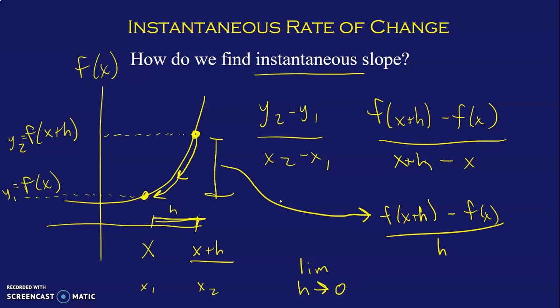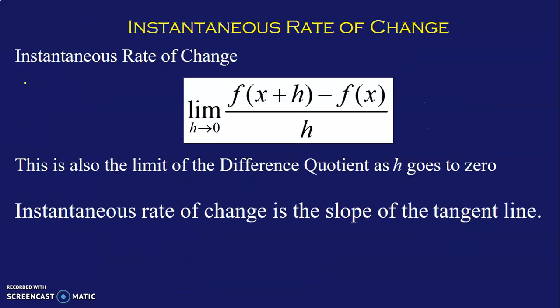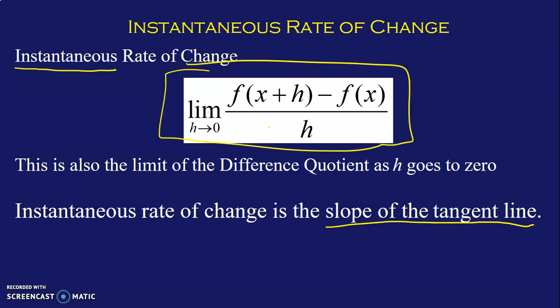So we're going to put it all together on the next slide to find the instantaneous rate of change. So the speed at an exact time, or the velocity at an exact time, depending on the problem. To find the instantaneous rate of change, you're going to use the slope of the tangent line. Now, at this point in the course, the way we're going to figure out the slope of the tangent line is using this formula.